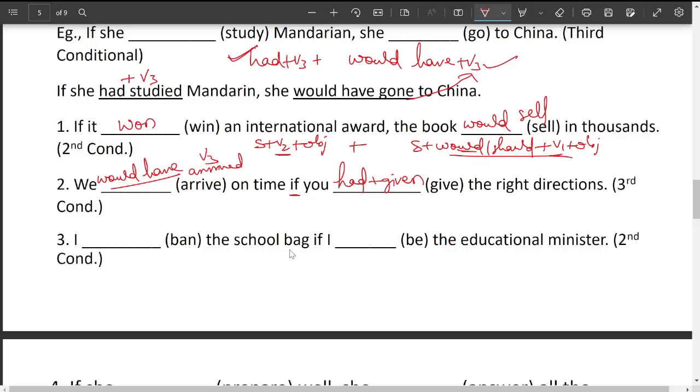Next, move to the third one: I ___ the school bag if I ___ educational minister. Again we are using if in the middle, so we have to go with the first clause here. The conditional is the second conditional. If I ___ the education minister, this is called an imaginary condition.